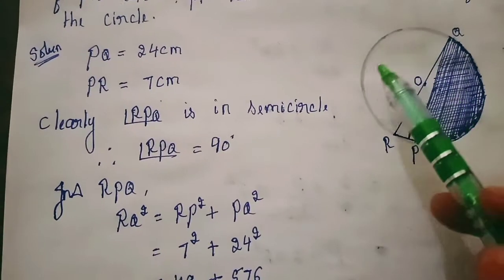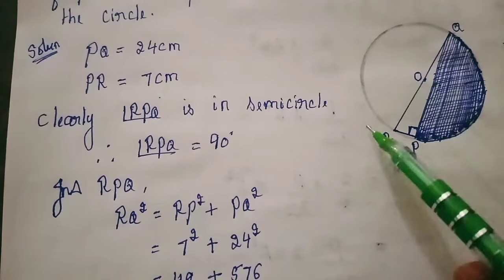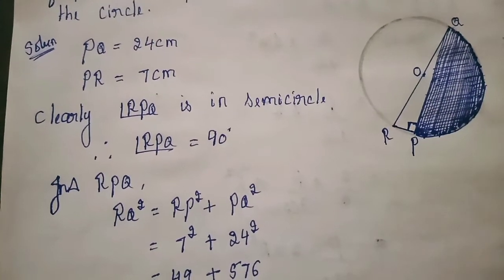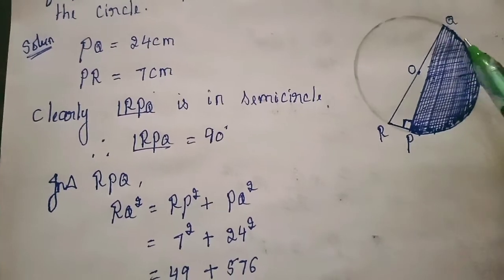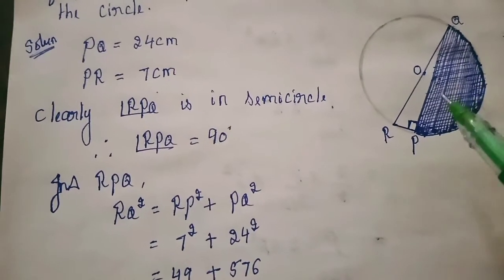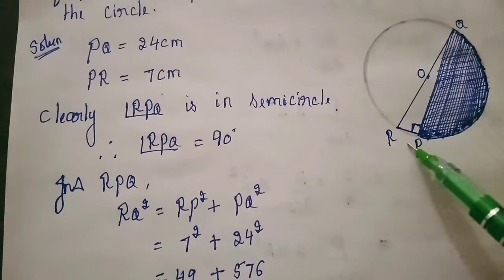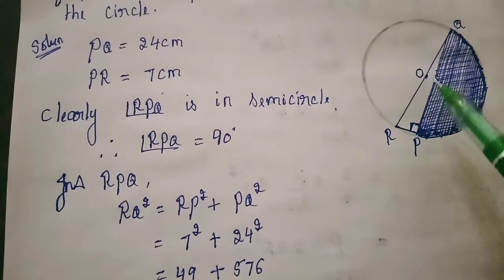So again, don't take the full circle, because this white part is not required to find the area of the shaded region. In the remaining semicircle, to find the area of the shaded region, I compulsorily have to remove the triangle here.